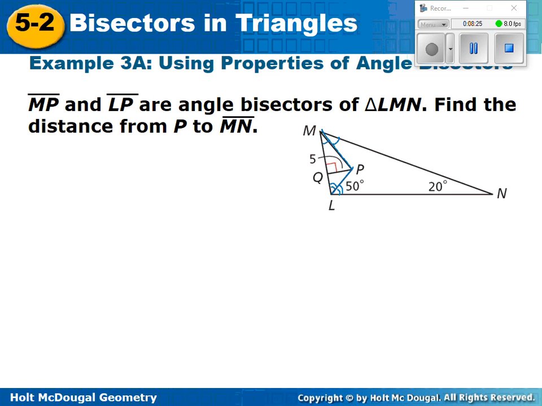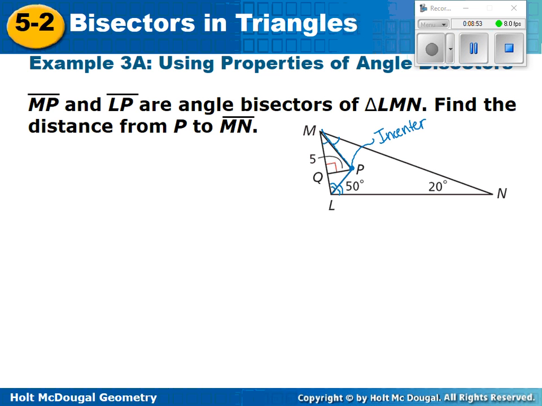Which means where two angle bisectors meet, point P is called what? In-center. Okay, so there's our in-center. And the in-center theorem says the in-center is equidistant to where? The side. So keep that in mind, that the distance from P to any side of the triangle drawn perpendicularly should be the same.